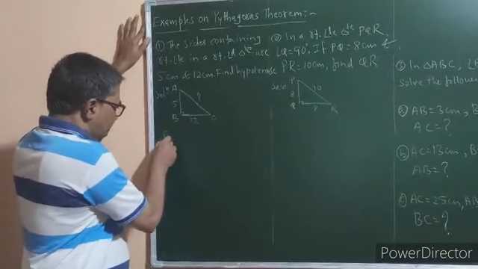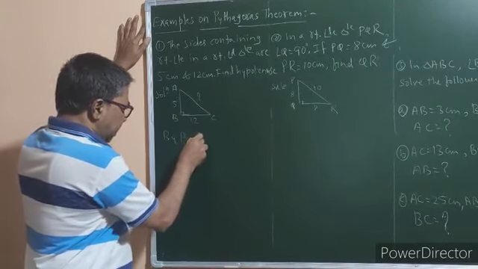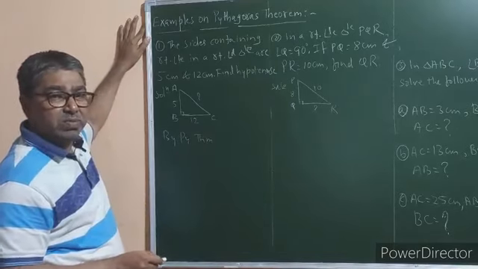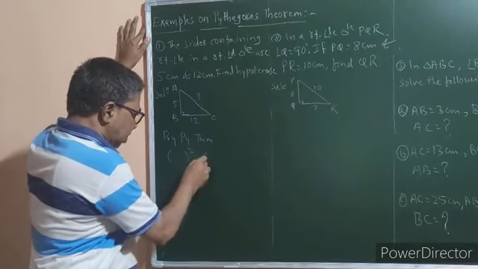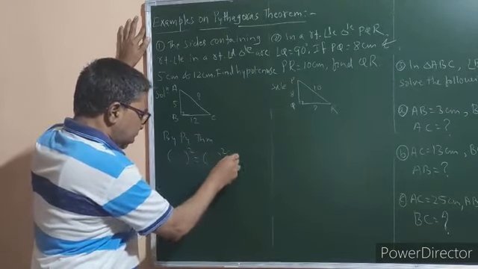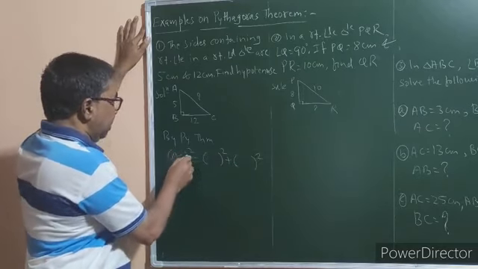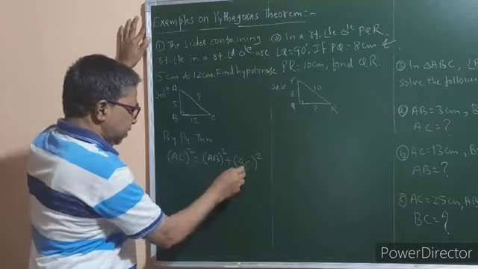Now by Pythagoras theorem, as we are solving examples on Pythagoras theorem, let us apply the mathematical statement of Pythagoras theorem, that is (empty bracket) square is equal to (empty bracket) square plus (empty bracket) square. Now here comes AC, here comes AB, and you have to write here BC.